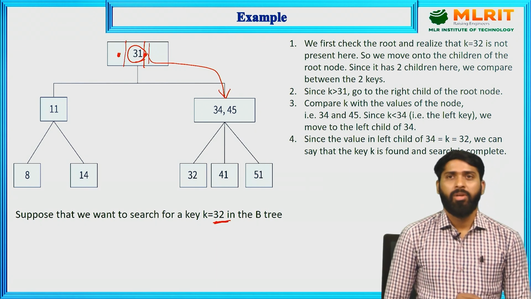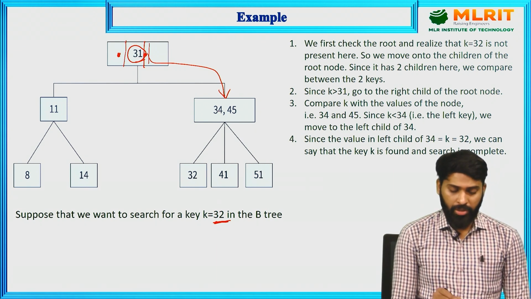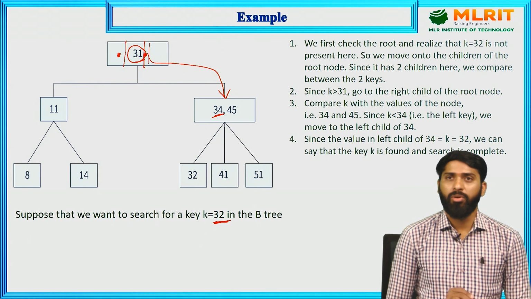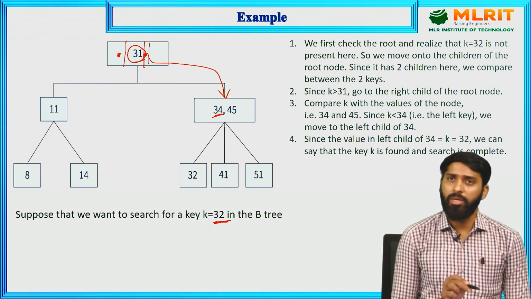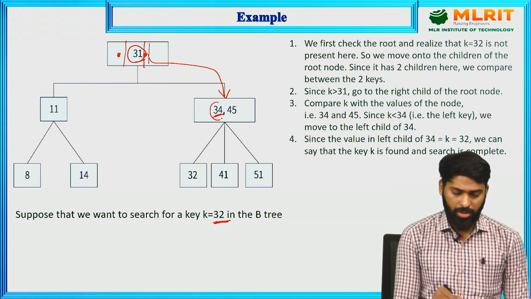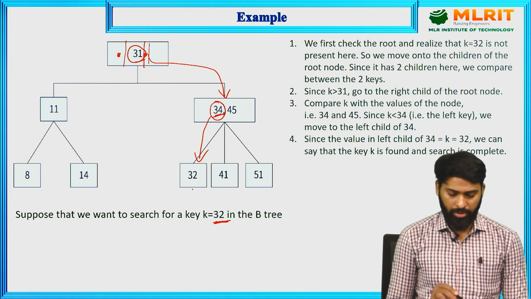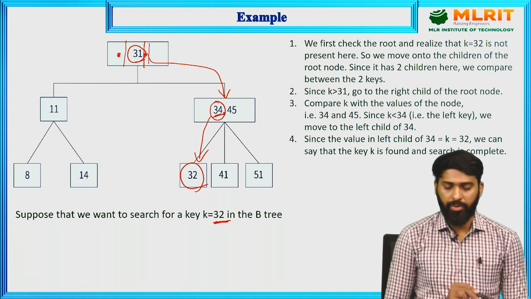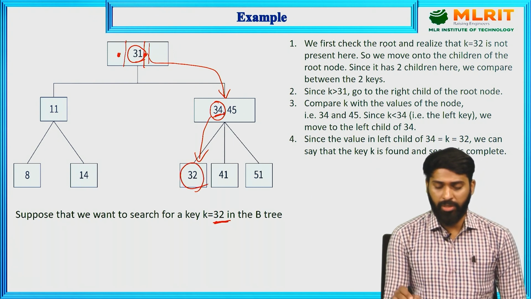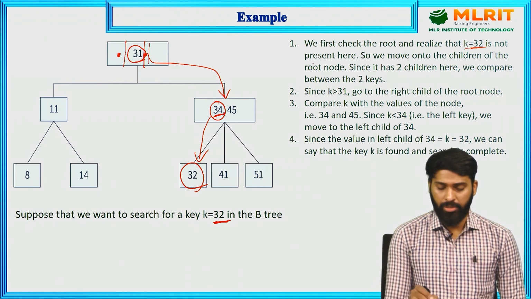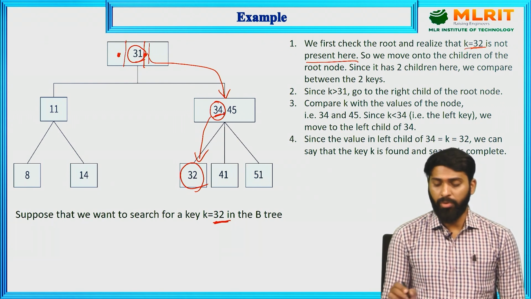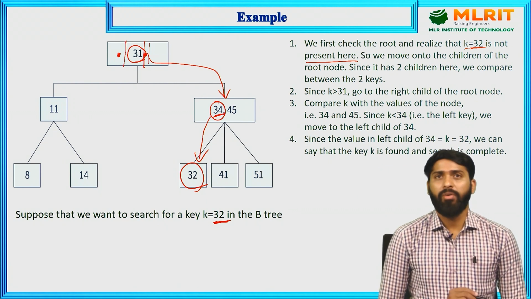Now compare: does 32 equal 34? No. Is 32 less than 34? Yes. So we move to this node. 32 equals 32, so the element is found. Here we first check the root node and realize that K equals 32 is not present. So we move on to the children of the root node.